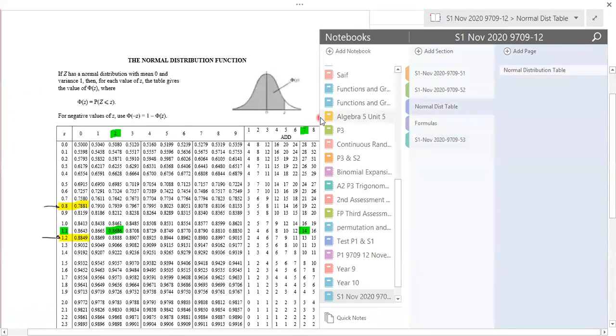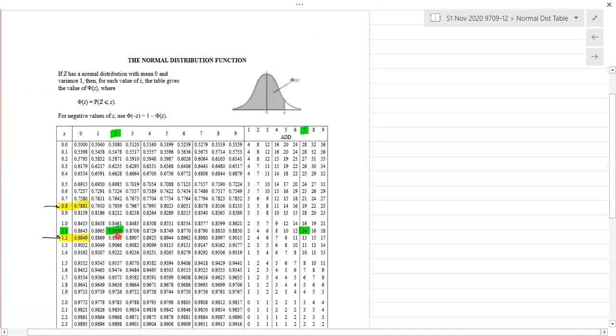So 0.87, we go over here, this is the green one. This is the closest we can get to 0.87. This is 0.8686. Now this is 0.8708, the next value right over here. So we have to go a value before that.